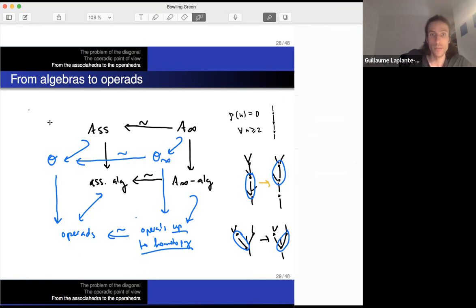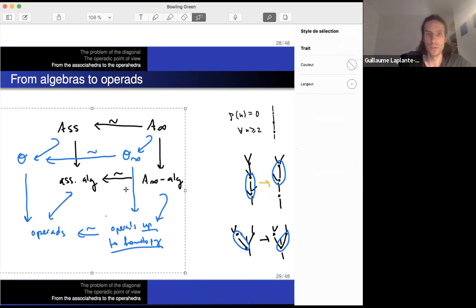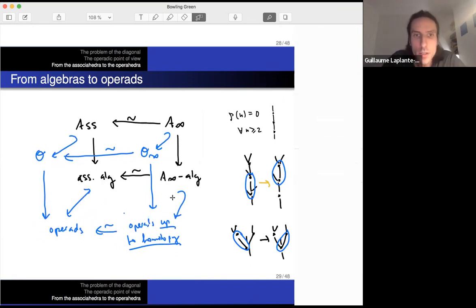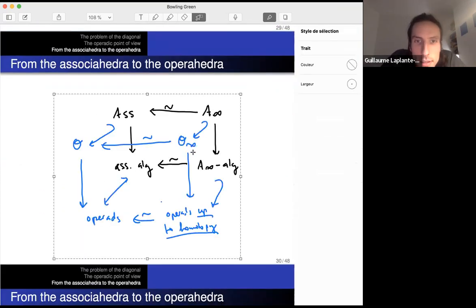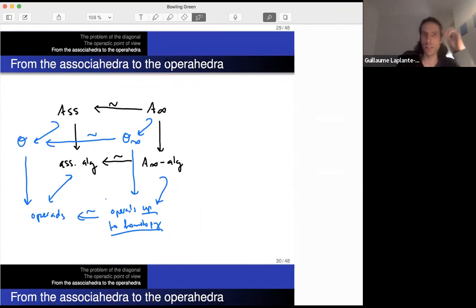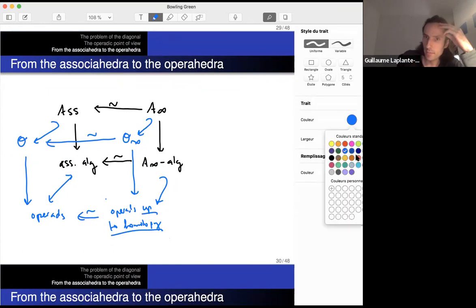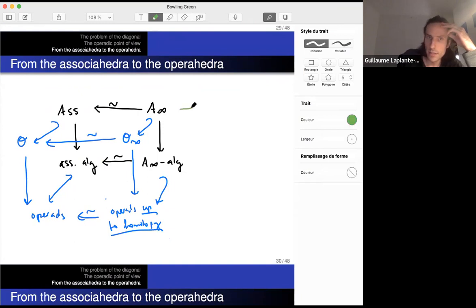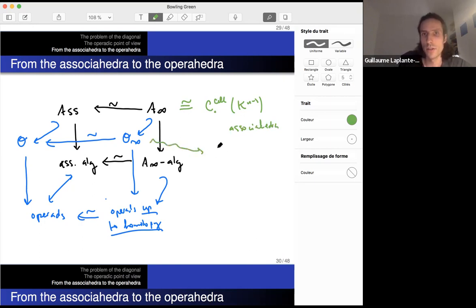Now you can wonder. So I had polytopes. Maybe I should just copy it on the next slide, and then say, well, here for A infinity, this was isomorphic to the cellular chains on the family of polytopes, the associahedra. And then you can wonder, is there something equivalent for O infinity?